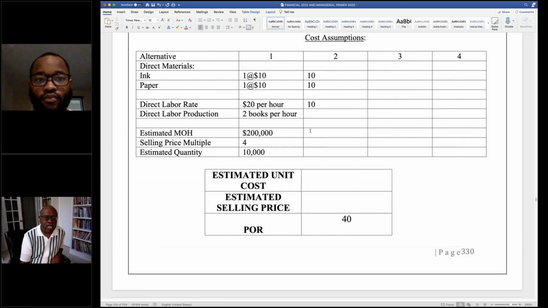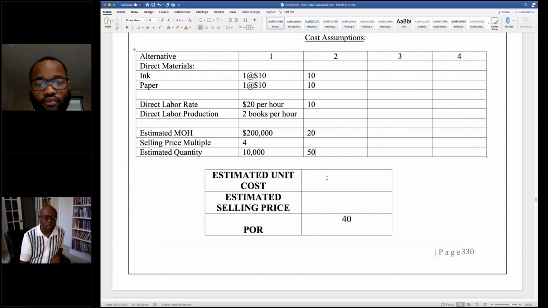We bring that 20 up here for the overhead. Sometimes you can just divide 10,000 into this and get it. We add all of these up, how much do we have? 50.